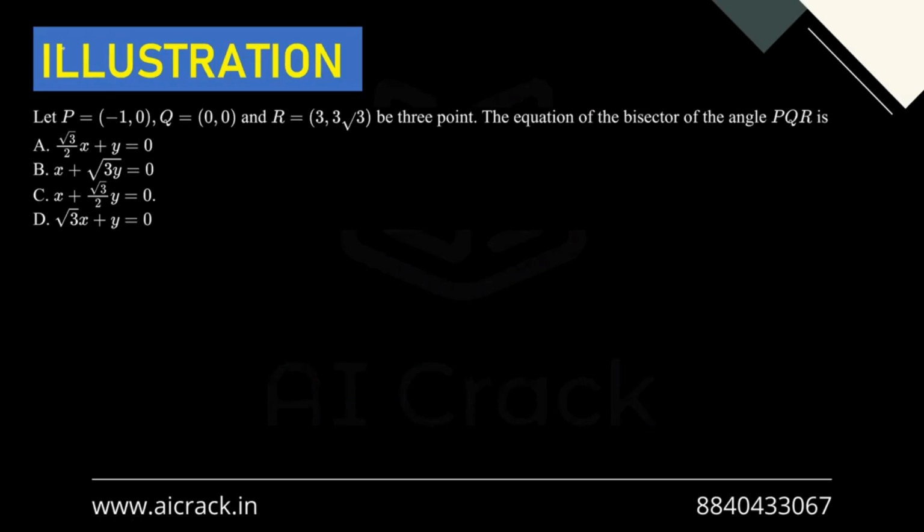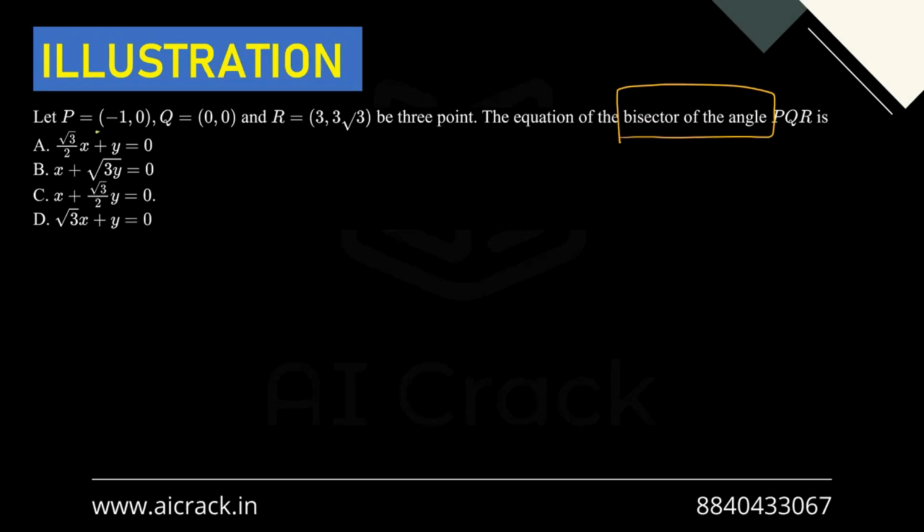Now let's look at this question. Let P, Q, R be these 3 points, and we have to find the equation of the angle bisector of angle PQR. Now we do know the equation of the angle bisector. We haven't studied it yet, but we can study it later. It's actually in the JEE syllabus, but not in the PGDBA syllabus. But by looking at such questions in the examination, people might think, okay, we haven't studied this particular equation in the PGDBA syllabus, but they have asked, so they might not try to attempt it.